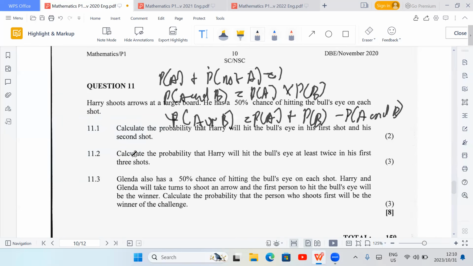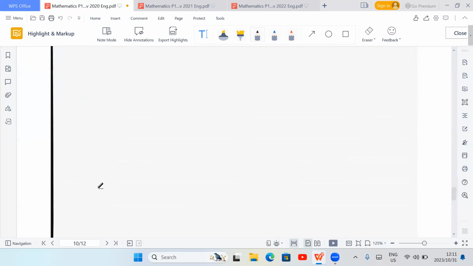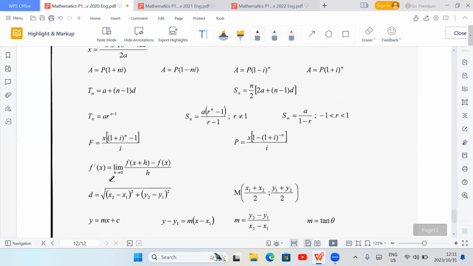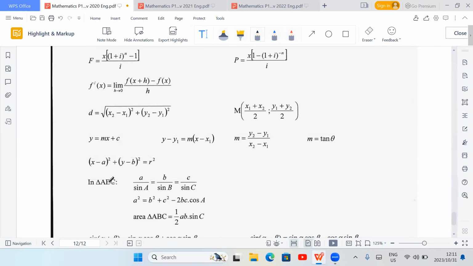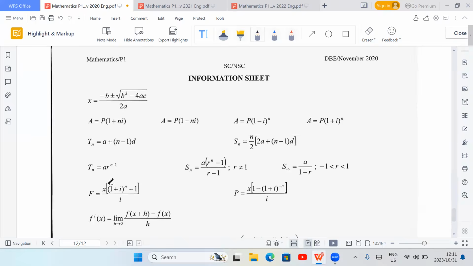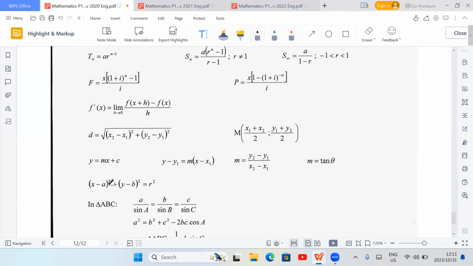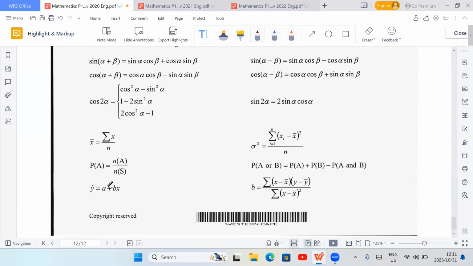So you can practice anything from your Venn diagram, your tree diagram, your contingency table, maybe. Do we have those formulas? We don't have the formulas on probability.